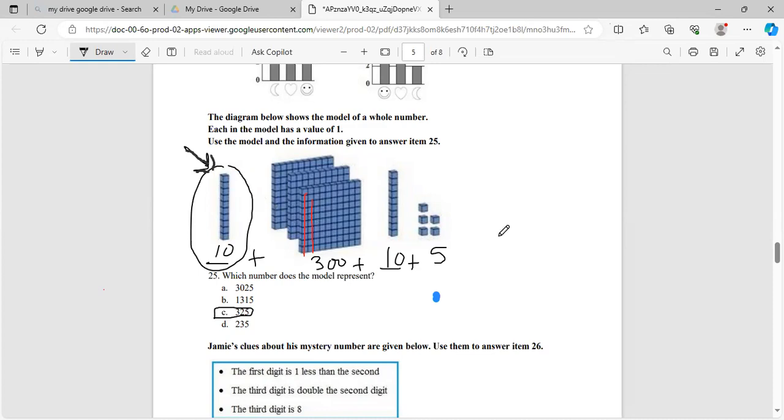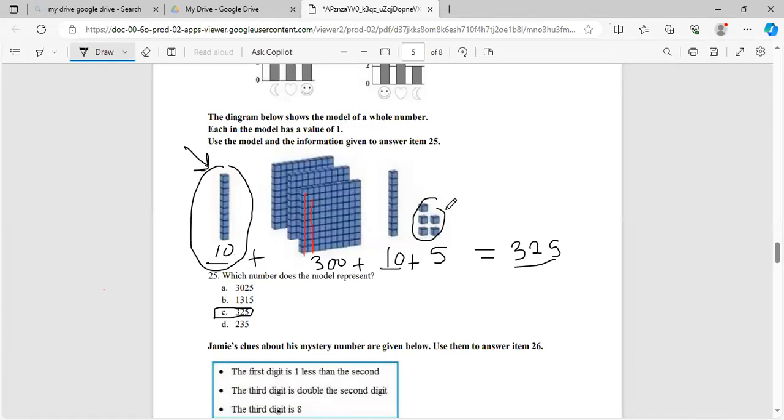So guys, these are really tricky. It doesn't matter where the blocks are. You just have to know what they value. Very good, Abby. So guys, in the exam, they will put it in a different place. They could have put this single 5 in the middle right here, just to trick you, for you to say it's 5,000 or 500, but it's not.